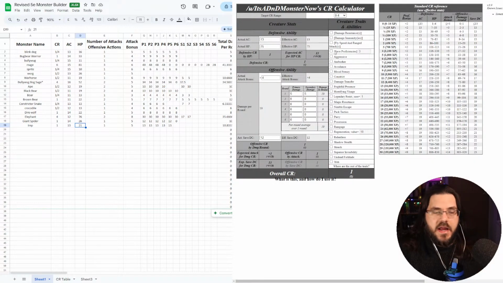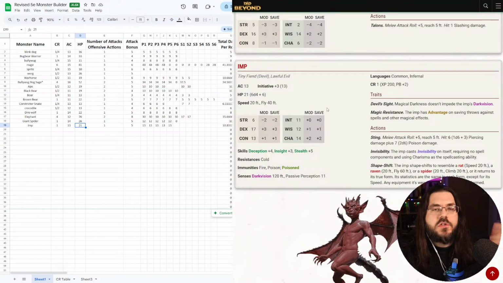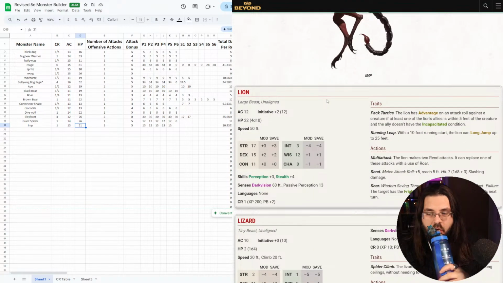Like, I know in the DMG it specifically says you can give a creature 1 or 2 resistances or immunities and not impact the CR, so I'll just never tick those boxes again. That's fine. But if magic resistance does impact the CR, then we can build monsters using this builder, and magic resistance can be one of the boxes we tick to get us closer to a good starting point for building our monsters.